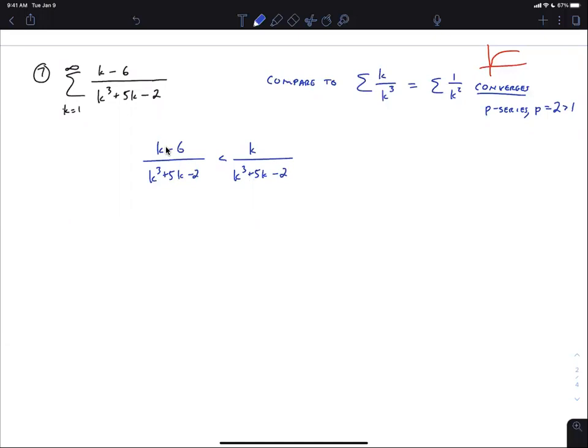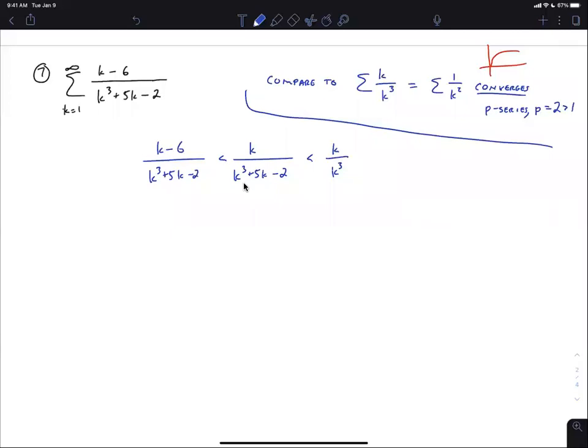Now, we can compare that to this fraction. If I look at the second fraction to the third fraction, the only difference between those is the denominators. Well, this denominator is larger than that one because we add 5k to the k to the third.